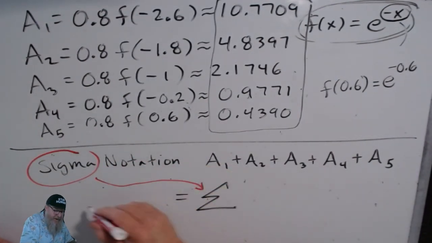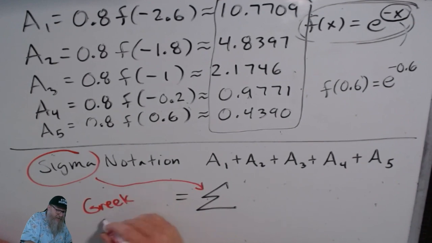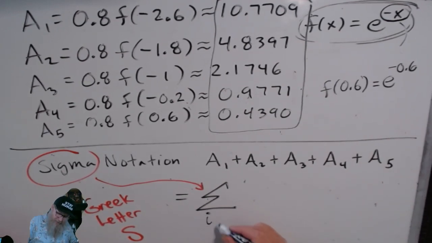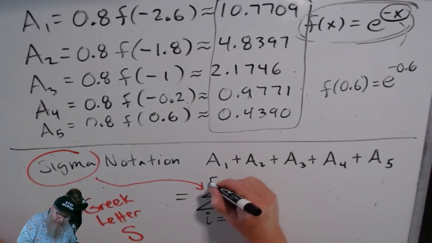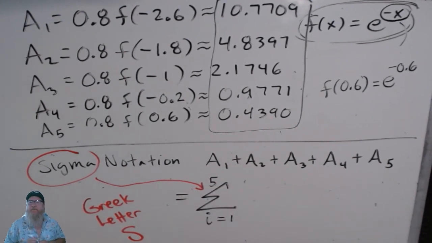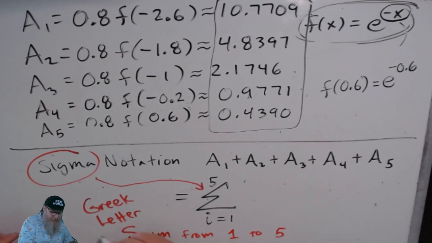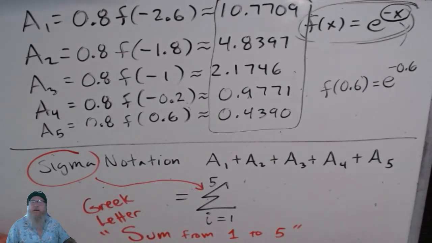Sigma is the capital Greek letter S. Yeah, it means sum. From 1 to 5. So we say sum from 1 to 5. We start at 1 to 5.